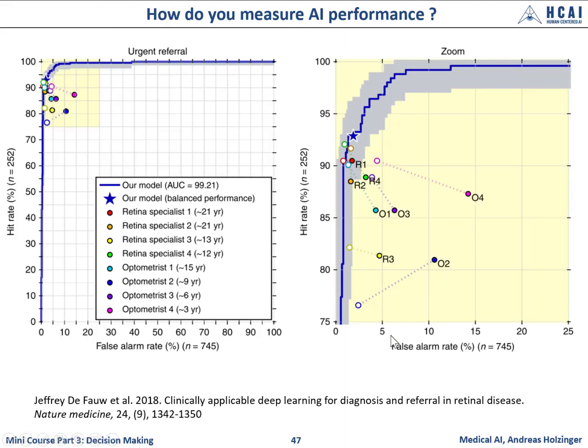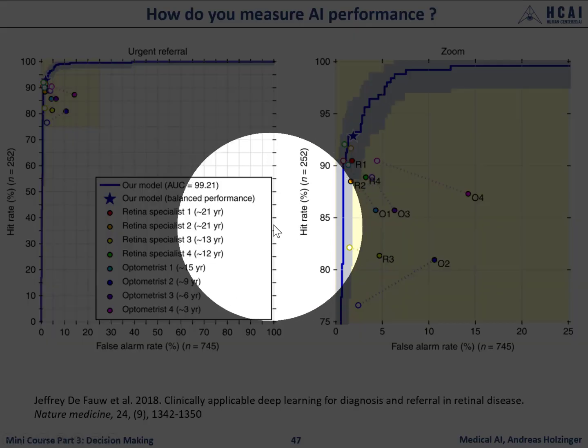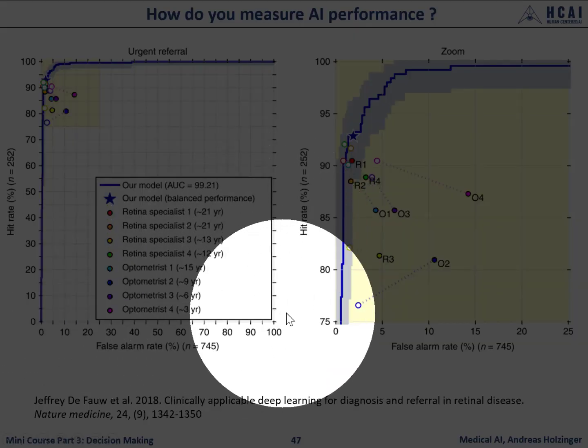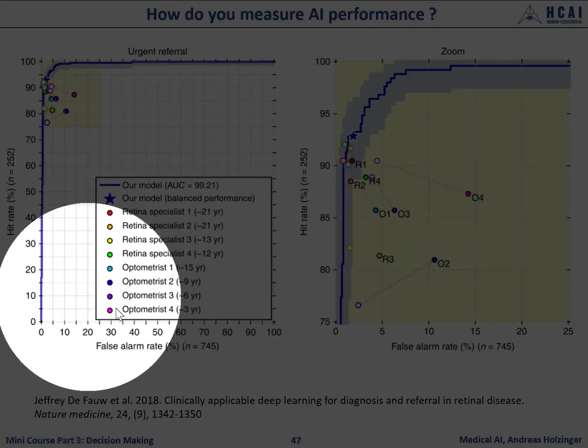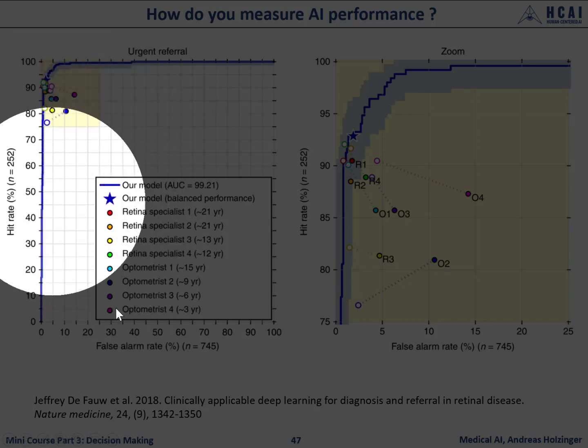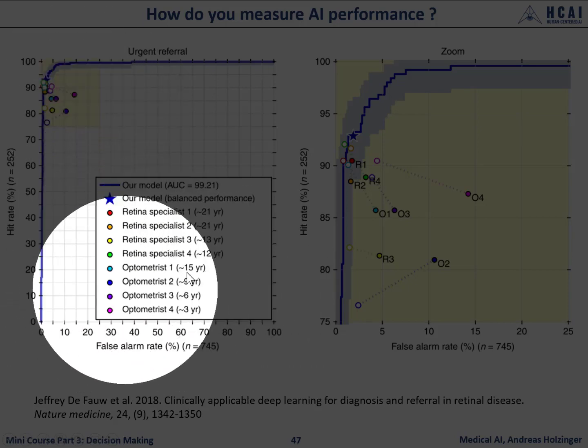So here we go back to the famous paper we have seen in part 1 of our course. You can remember this is the famous paper from retinopathy. And here you see these receiver operating characteristic curves. Let us look at the large one. So here we have the false alarm rate on the X scale, and on the Y scale we have the hit rate, so hit versus false alarm.